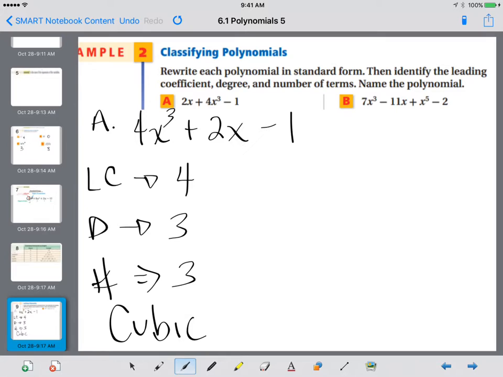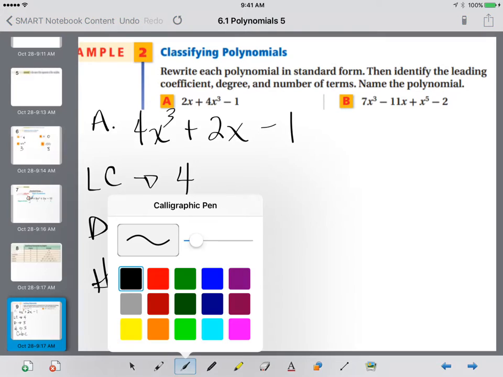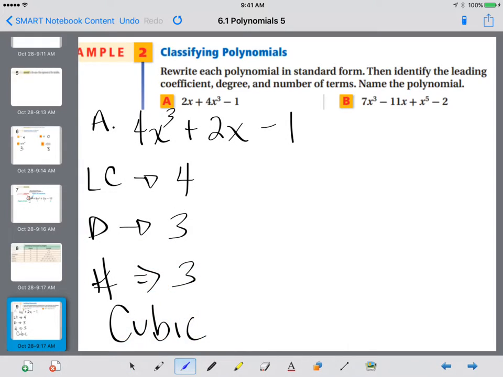Let's try example 2 here. Start with standard form. We're going to choose x to the 5th. We have plus 7x cubed minus 11x minus 2. Remember to always keep the sign that's in front of the monomial.